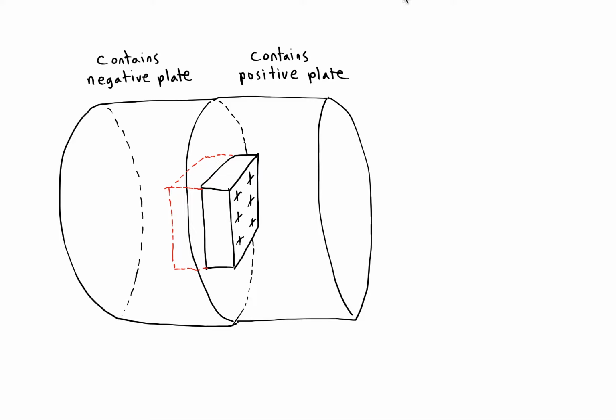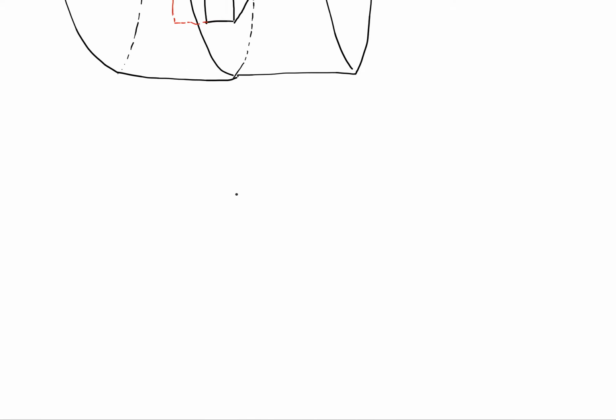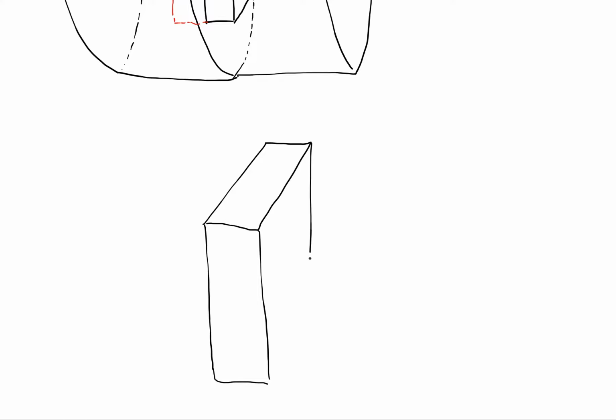And now this is a good start, but we'd really like to shrink our cylinder down so that we can really capture what kind of field is leaving the plate. So I'm going to shrink it down to a box that is just slightly bigger than the plate itself.